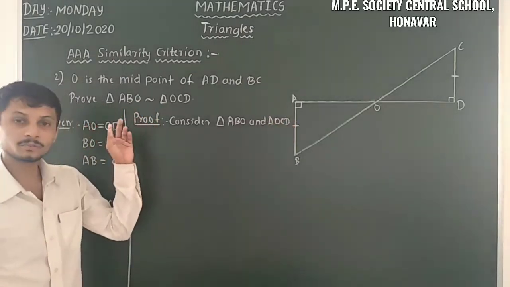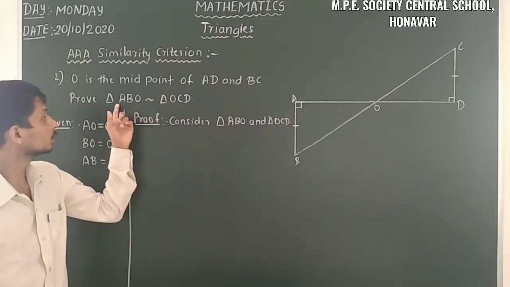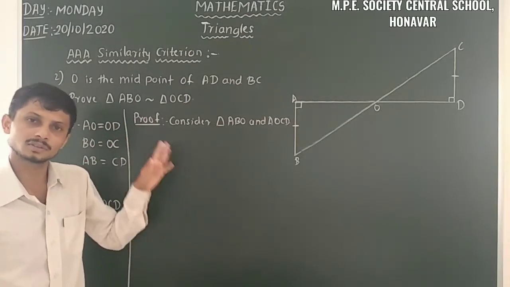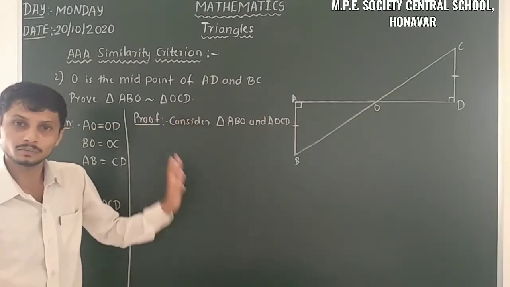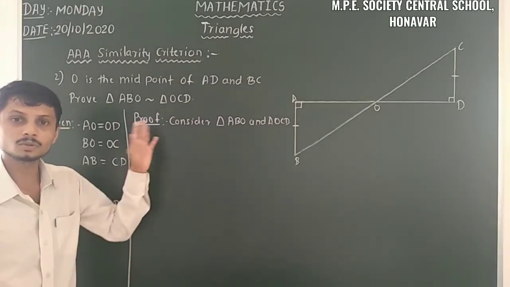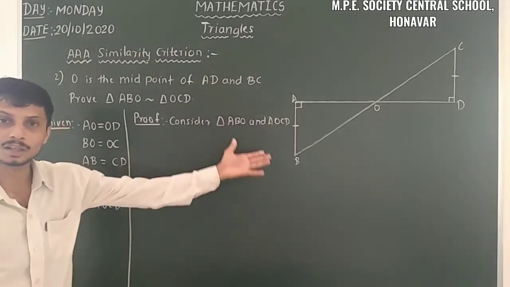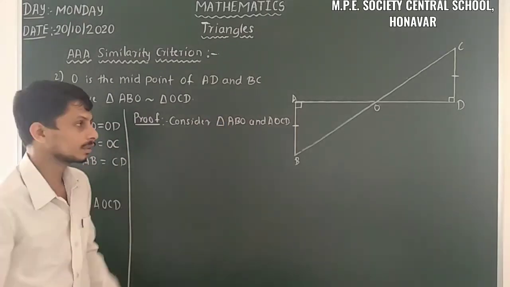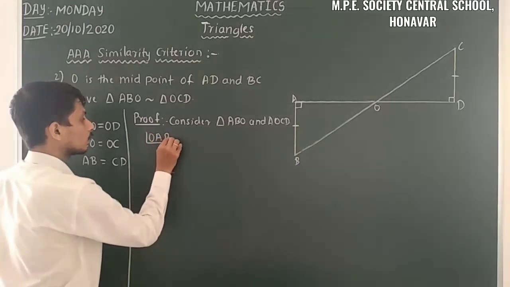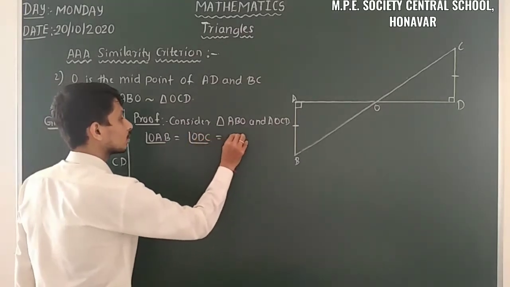In the proof part, we have two triangles, so consider those two triangles only. Then we have to find the corresponding angles are equal and the sides are proportional, meaning those two triangles are similar. So firstly we have to know what are the corresponding angles that are same. That is, angle OAB is equal to angle ODC is equal to 90 degree.